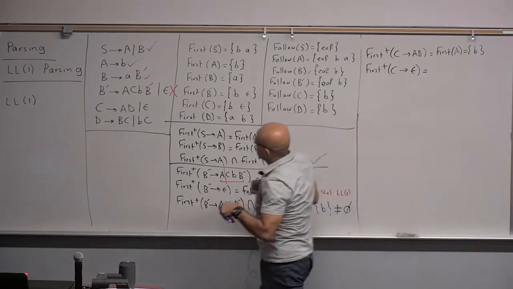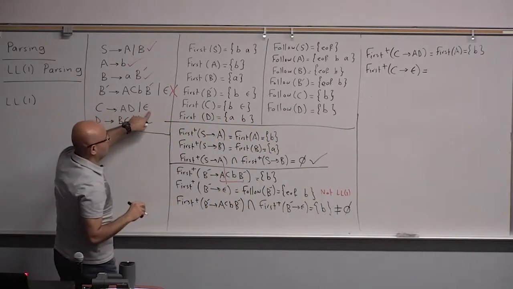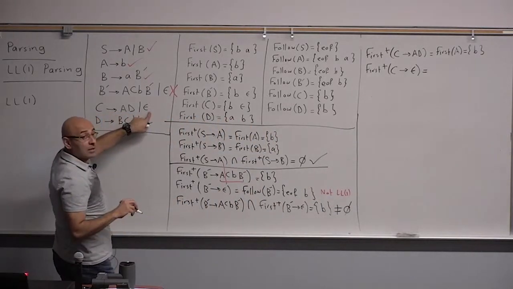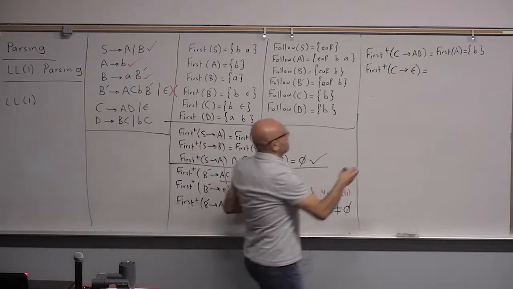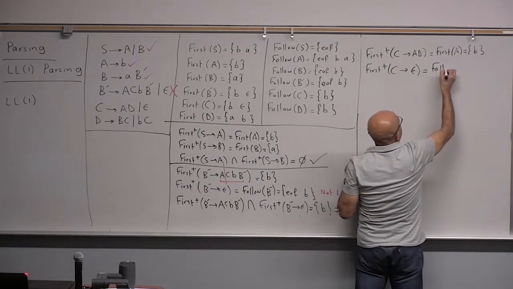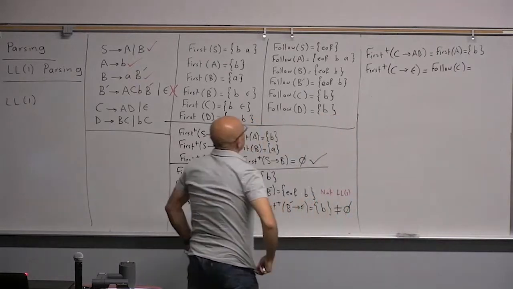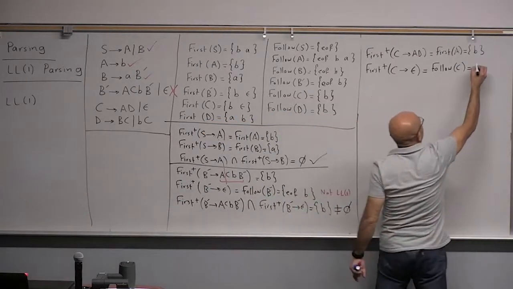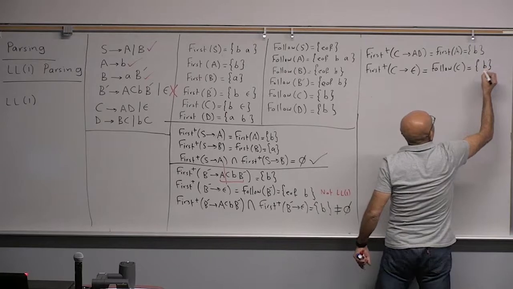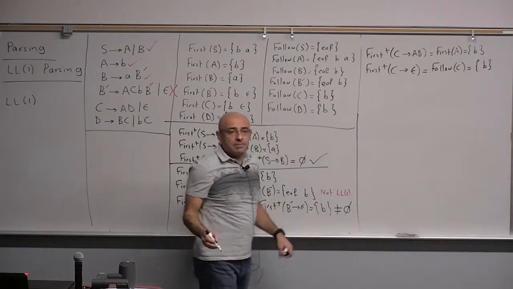This is already epsilon, so we should look at follow of C, and follow of C is B. So again, we have a problem.